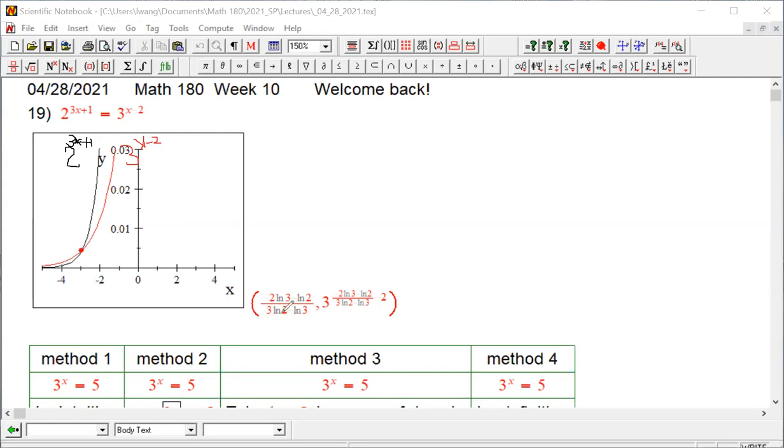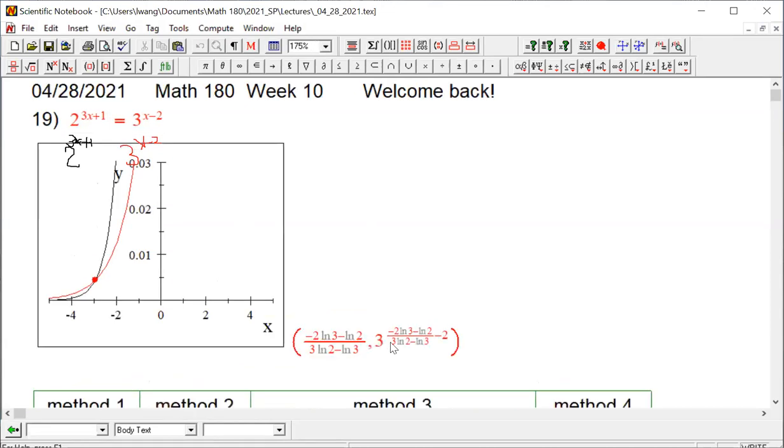So the x value we found, which is -2 times natural log 3 minus natural log 2, divided by 3 times natural log 2 minus natural log 3. And this is the input. This input is a little bit less than -3.